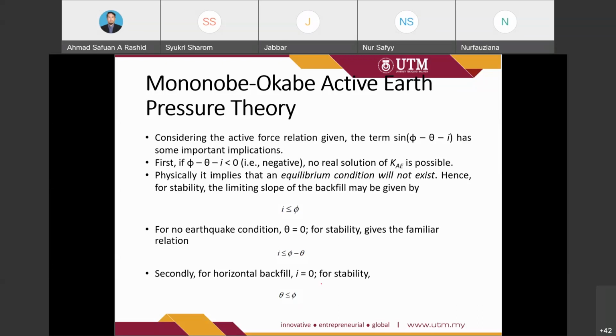This means that phi is very important. If the end product is negative, no real solution of KAE is possible.